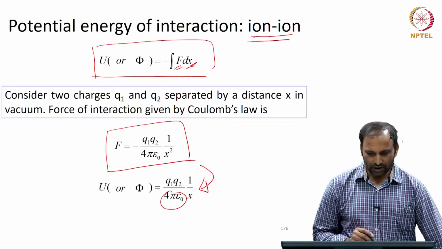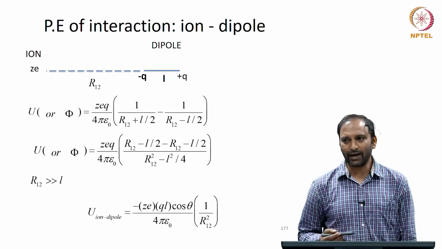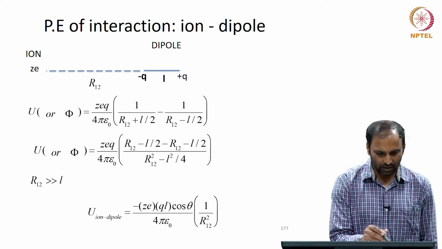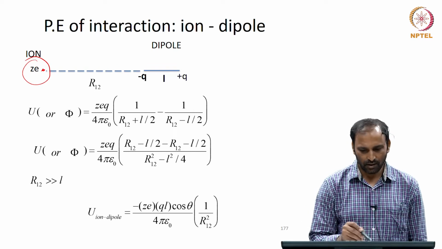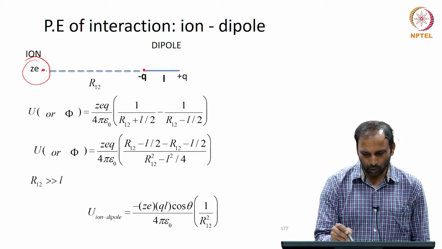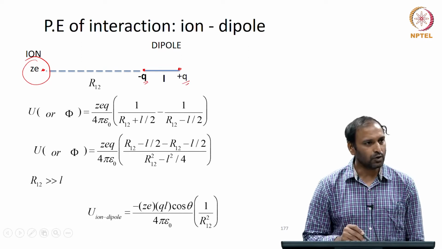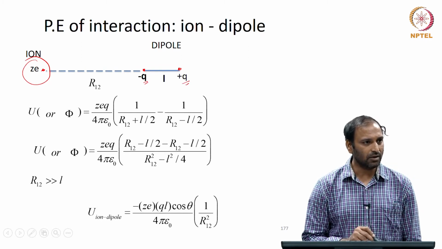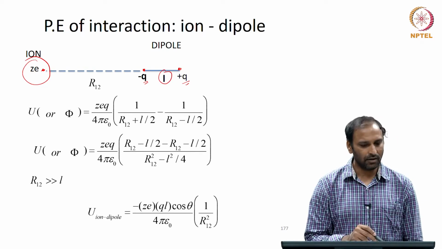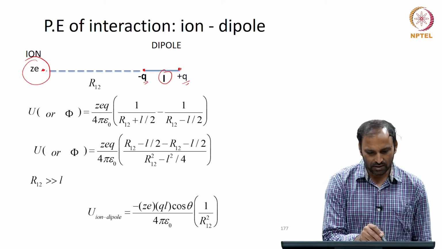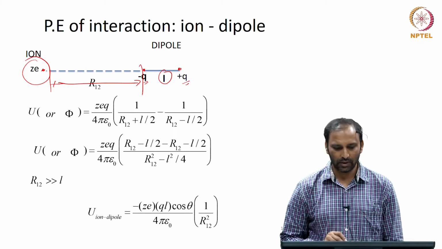I can do a similar thing for the potential energy of interaction between an ion and a dipole. So, I have an ion whose charge is Ze, and there is a dipole, in which you have two charges of equal magnitude, opposite sign, separated by some distance, in this case L, and this distance is R12.